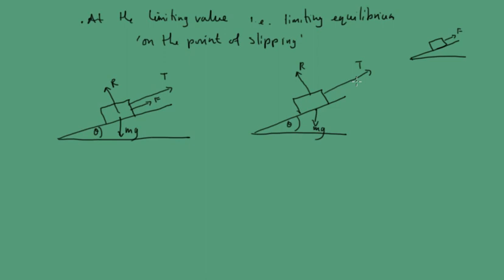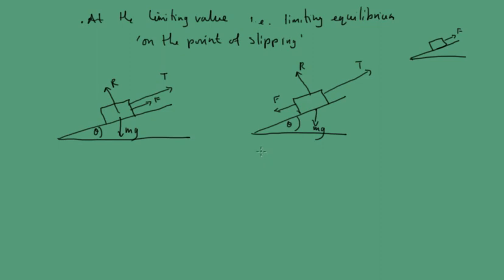But this time we're trying to pull the car up the slope. We're wanting to get that car up the slope, and it's not budging. It's still in equilibrium, but we're really pulling, and the car's not moving. We've now got friction acting down the slope.